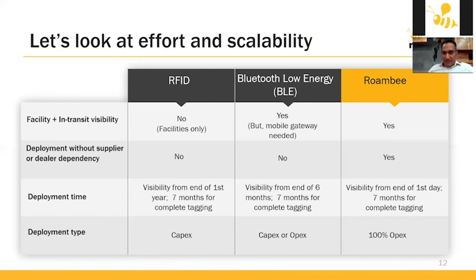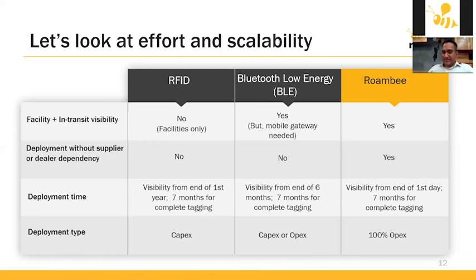So without having infrastructure, you're not able to get this going. Now, let's talk about the deployment type a little bit, right? So most of the time with technologies like RFID, the standard model in the market is you buy some readers, you buy some antennas, and then you pay a systems integrator to get this up and running.